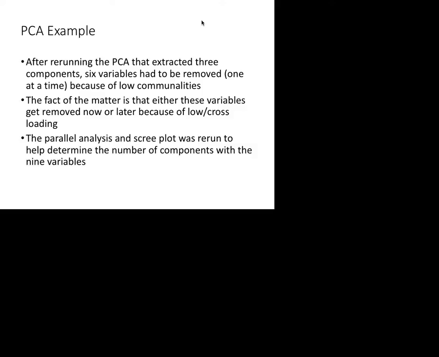My parallel analysis was no longer appropriate because I started it with 15 and now I have 9, so I have to rerun it with 9 variables instead of 15. Same height, just different width. And then this is the 9 variable solution.